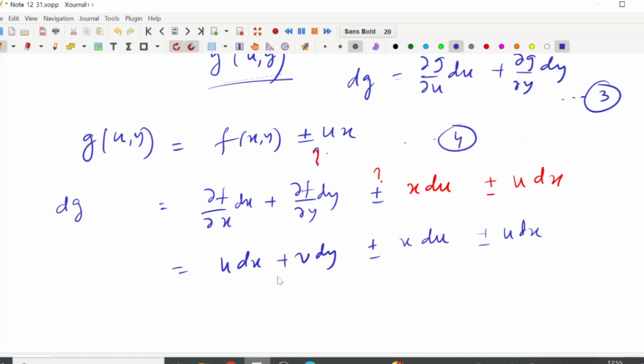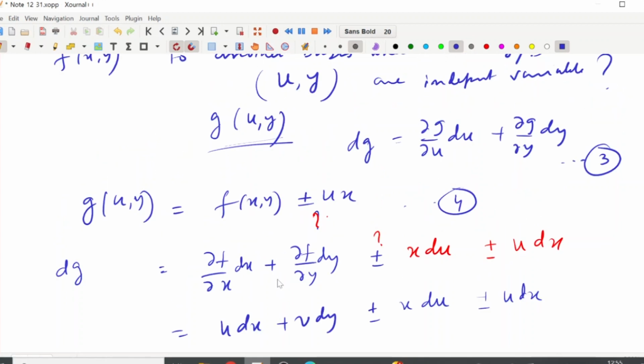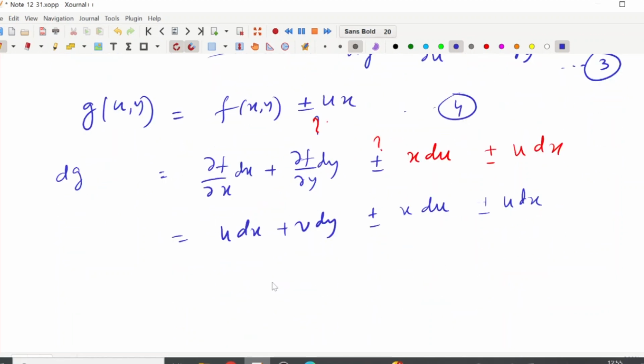Now, look at equation 3: g is an independent function of u and y. So, the dx term should get cancelled in this expression. So, now this will help us to decide our sign.